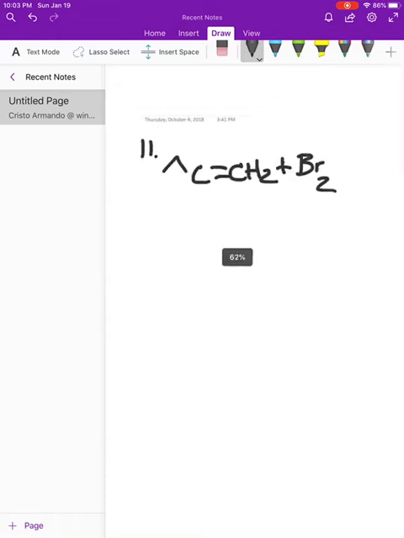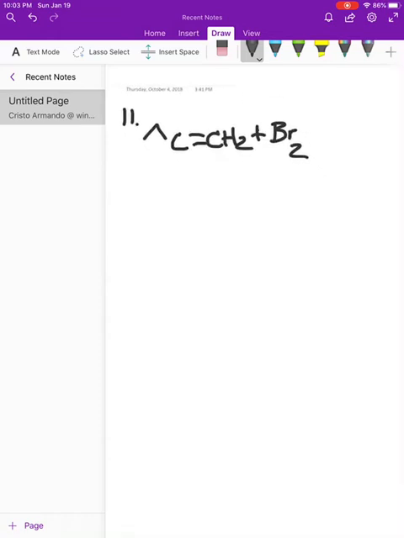So what is going to happen here? So when you have Br2, we can also just think about it like this. And so the same thing is going to occur that has been occurring. Same mechanism, but instead of the hydrogen, we just have one other bromine.